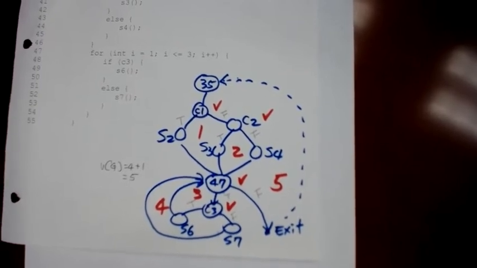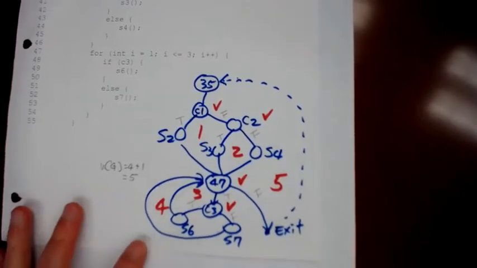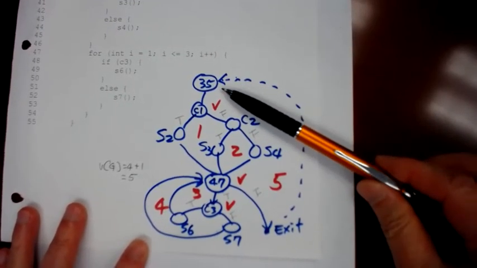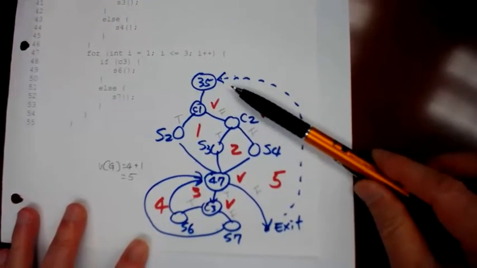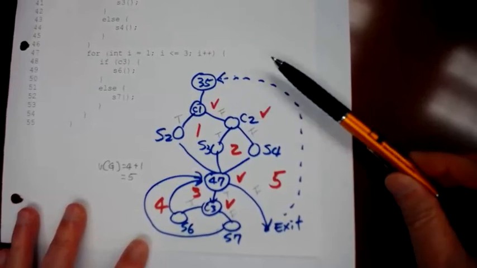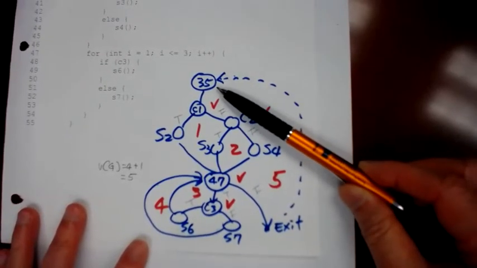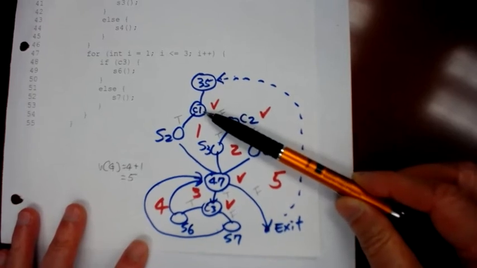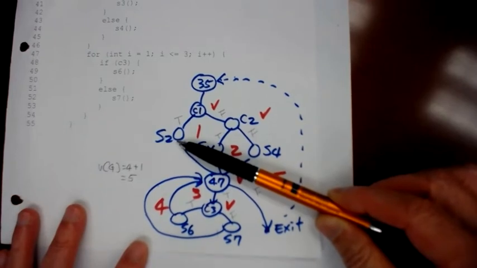So in this program graph, we start from statement number 35. Sometimes you may say, oh, that's very confusing. You have the line number as the node name, but here I have the condition name as node number, and here I have the statement name.